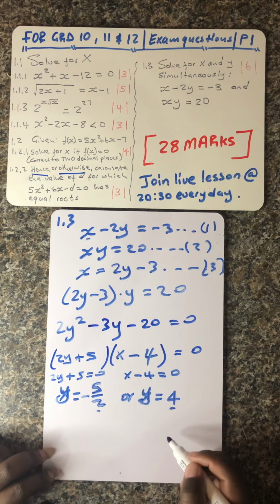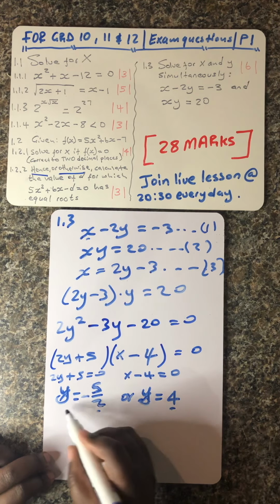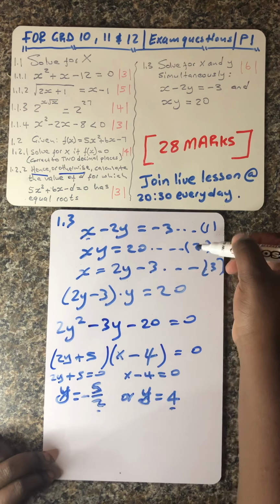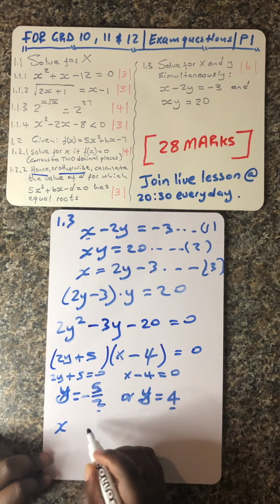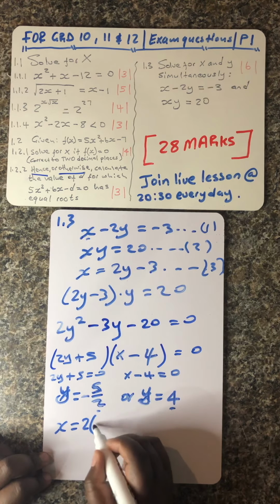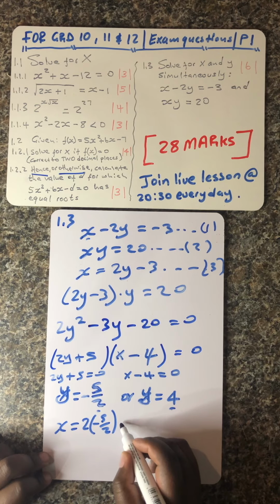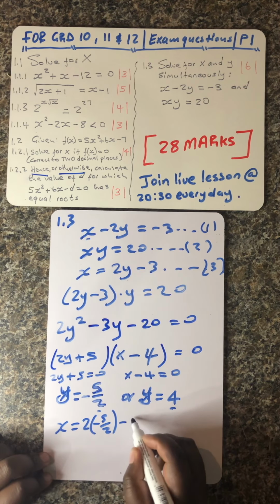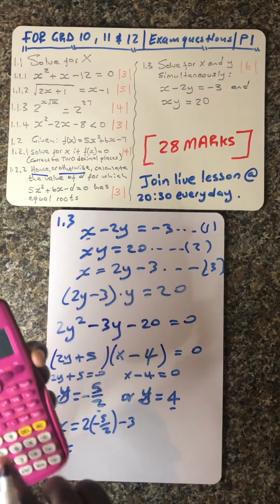Then guys, what you do is substitute these values into the equation that you created to get the x value. So x is equal to 2 into, you can substitute -5 over 2 in place of y, then -3, and then you can just punch it on a calculator to see what answer you get.